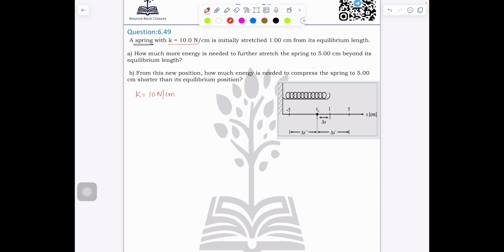Fine. Now what values do we have? Initially stretched 1 centimeter, so x initial is 1 centimeter from its equilibrium position.